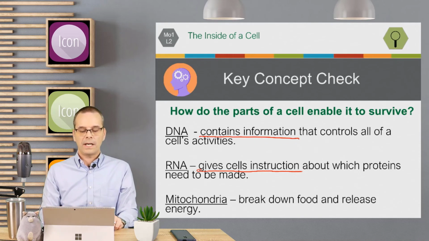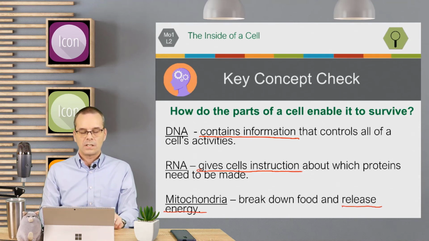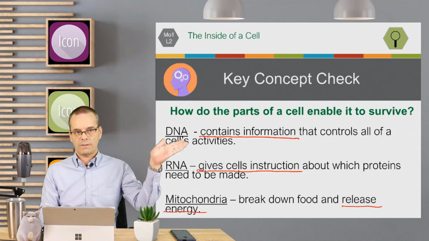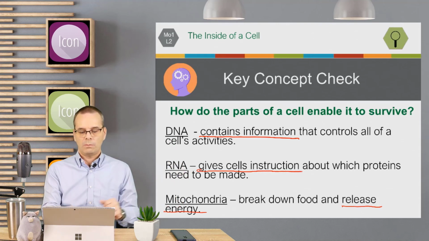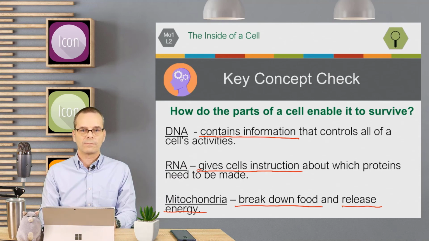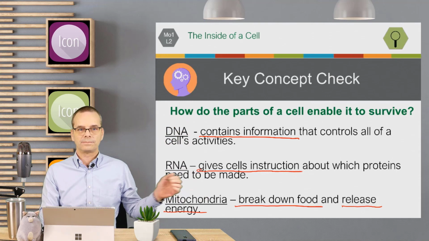The RNA gives cells instructions. And the mitochondria breaks down food and releases energy. Those three things are what help a cell survive.